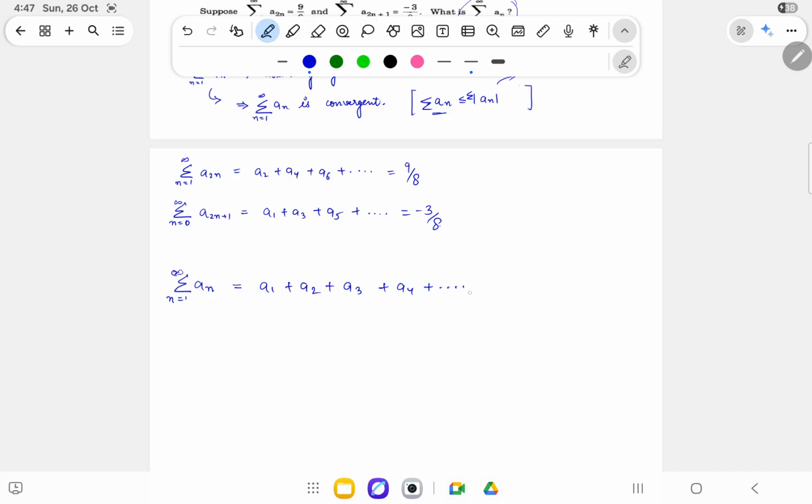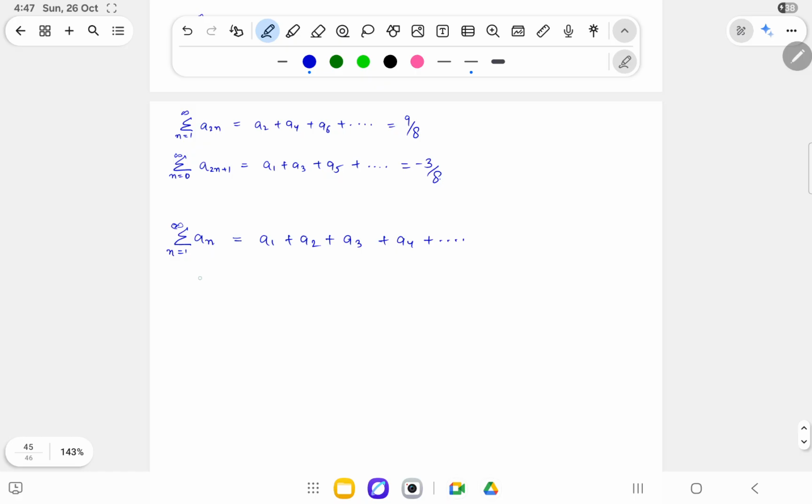So this is the series I got after I expand this, and we have the Riemann rearrangement theorem. We'll be basically using the Riemann rearrangement theorem, which gives us flexibility to rearrange the terms of a series in whatever way we like, and based on that the sum of the series changes. So what I can do is club together the terms that are occurring at even places and the terms that are occurring at odd places.